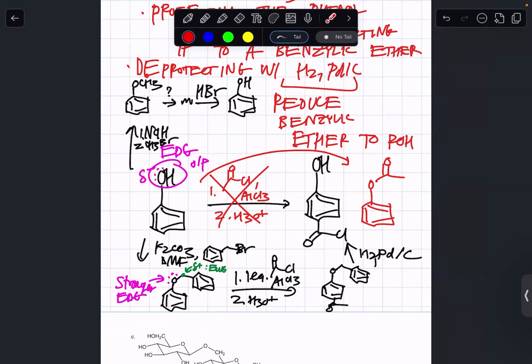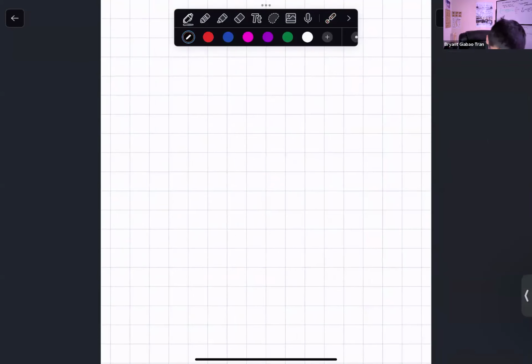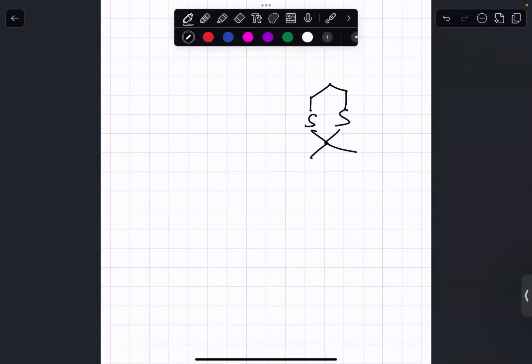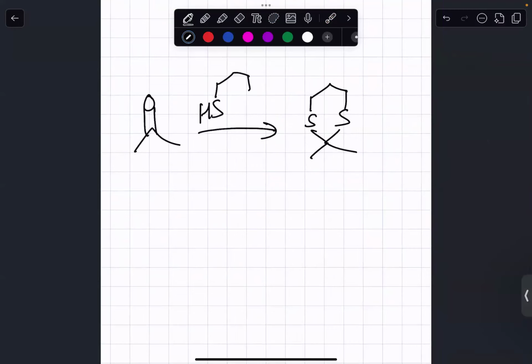Could we use thioacetal, like the little cap, and then reduce it with Raney nickel with that reaction? Oh, right. You're thinking of this protecting group, right? This thioacetal thing right here with the Raney nickel. Yeah, so this one here is protecting carbonyls. Not alcohols, right?